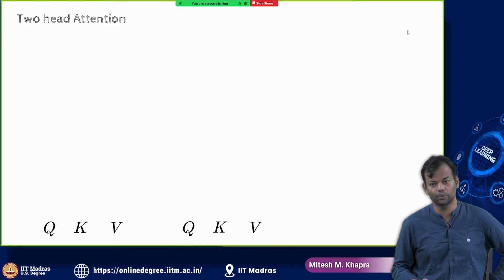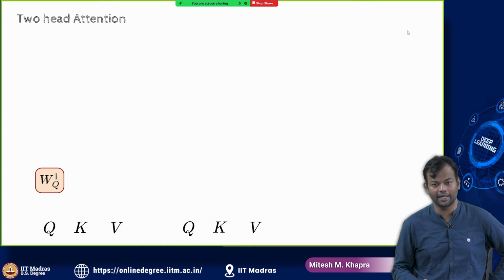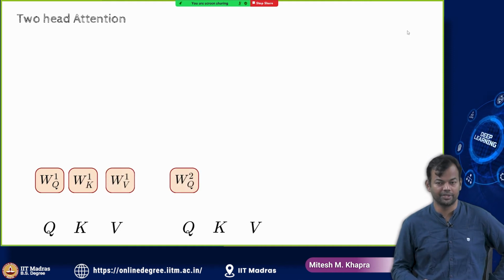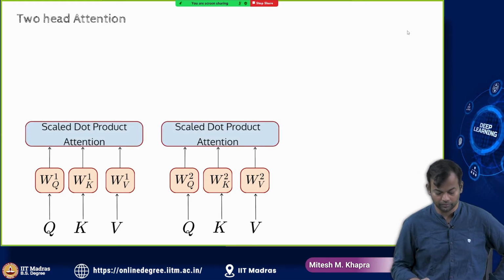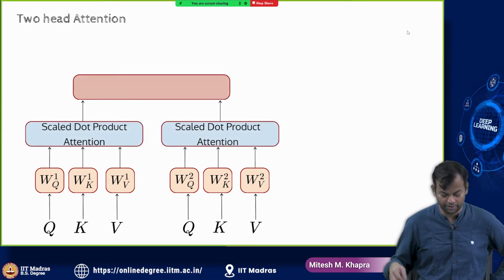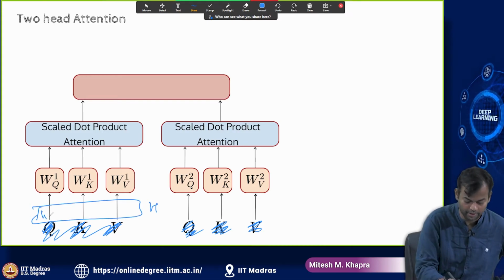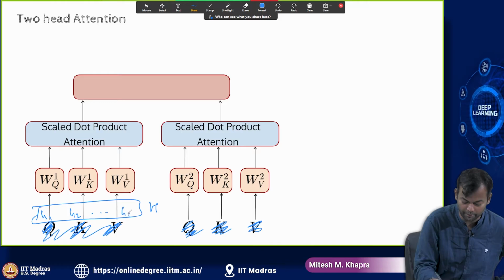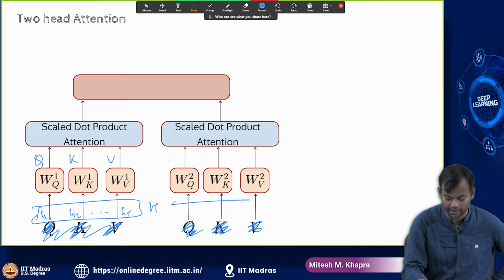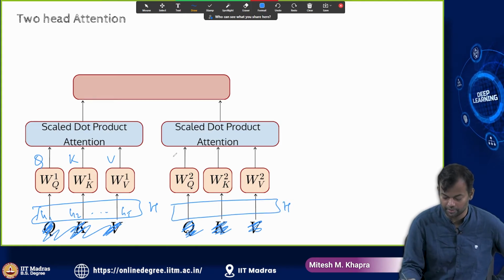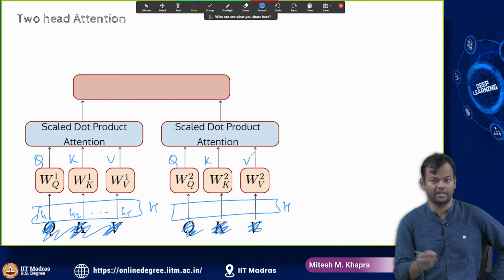You would have the query, key and value vectors, which are coming from your projections. This is the H matrix, which is H1, H2 all the way up to HT, and what you get out here is Q, K, V. So this is again the H matrix, and what you get out here is Q, K, V. So you just have these two copies.